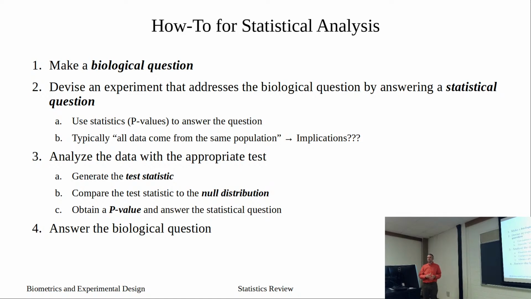If they all came from the same population, what's the implication? It should be a good representation. It should be a good sample of the population. It's random. No significant difference between the animals.